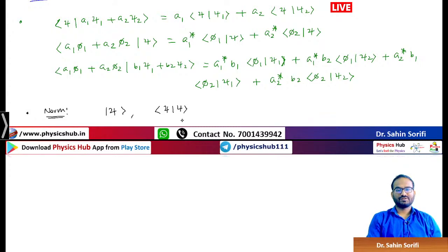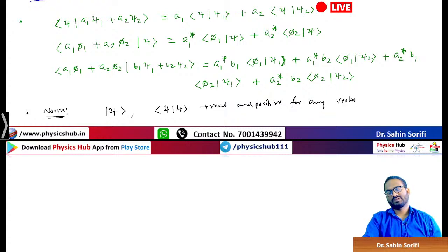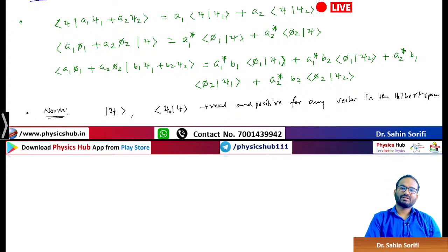This is real and positive for any vector in the Hilbert space. Means if you consider any wave function and take the norm, you will get a positive real number. And it will be 0 only when psi is 0.